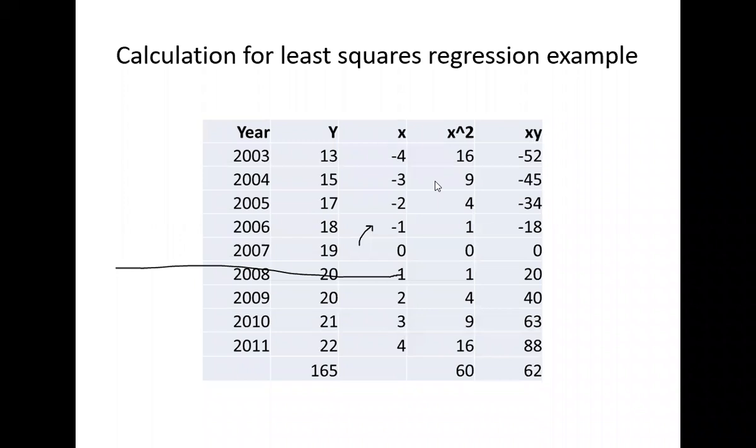We could have assigned 0 to the central point here, and then decreased the previous values while increasing the values of X for subsequent values, and then rerun the same model using the formulas provided in the slide. That is how you go about the least squares regression method to come up with your model for trend analysis.